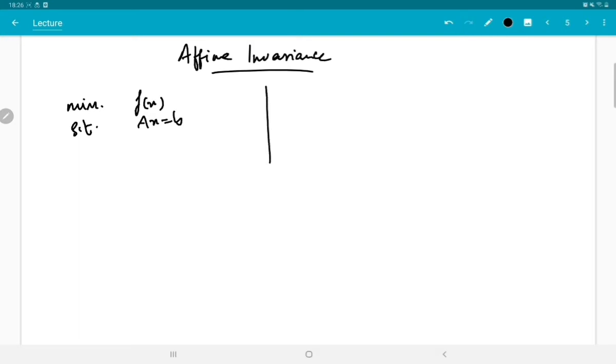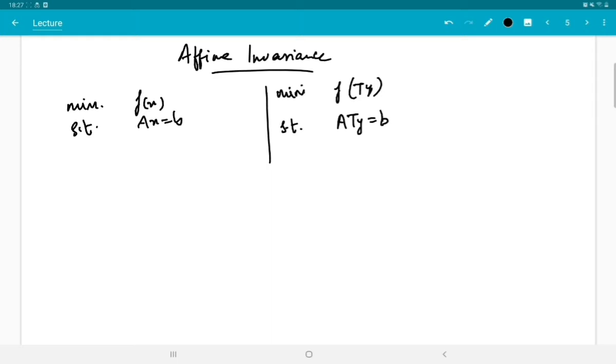Now let us take a modified problem in which we transform the variable with T, and we have this as the new constraint.